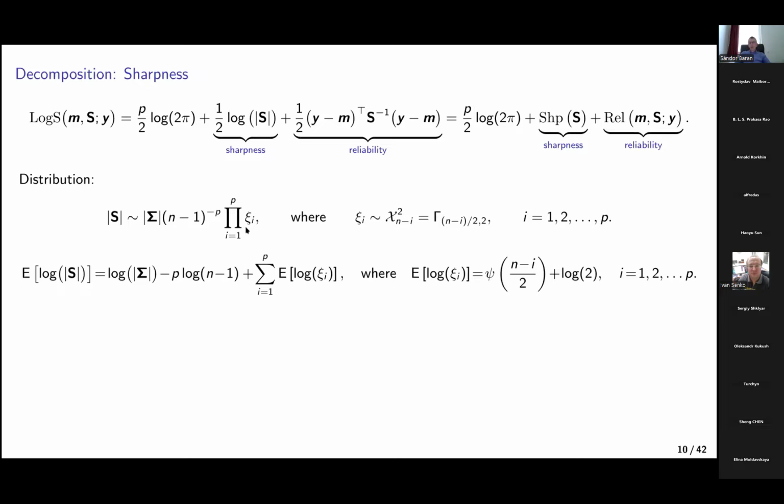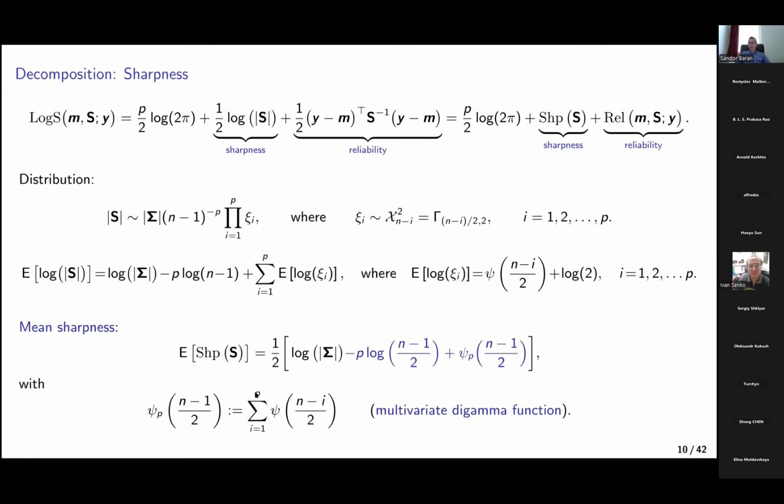So when you take the logarithm of the product, you get the sum, and you get the log of the chi-square distribution, and the mean of the log of a chi-square distribution or a gamma distribution can be expressed with the help of this digamma function. That is, the mean sharpness is the theoretical sharpness from the log score plus this term, where this phi p is exactly the multivariate digamma function.